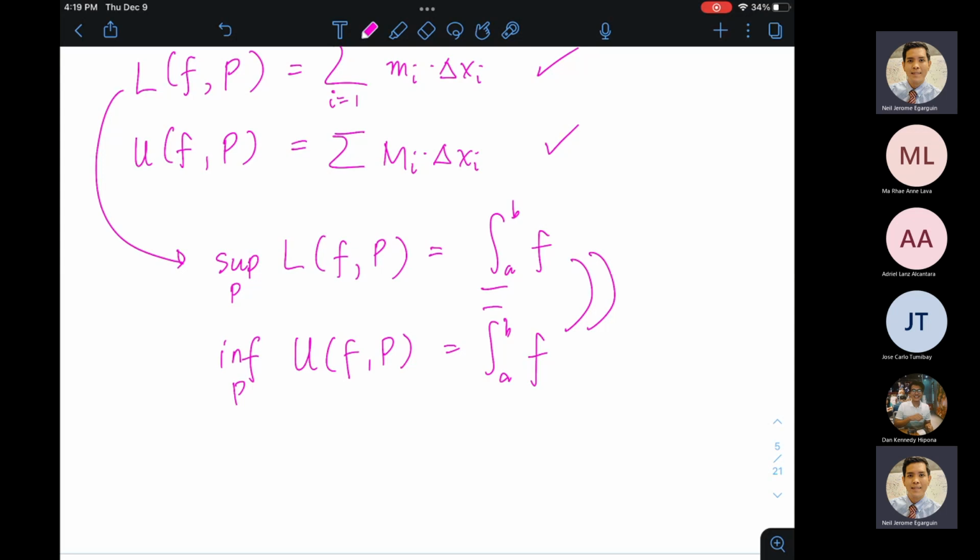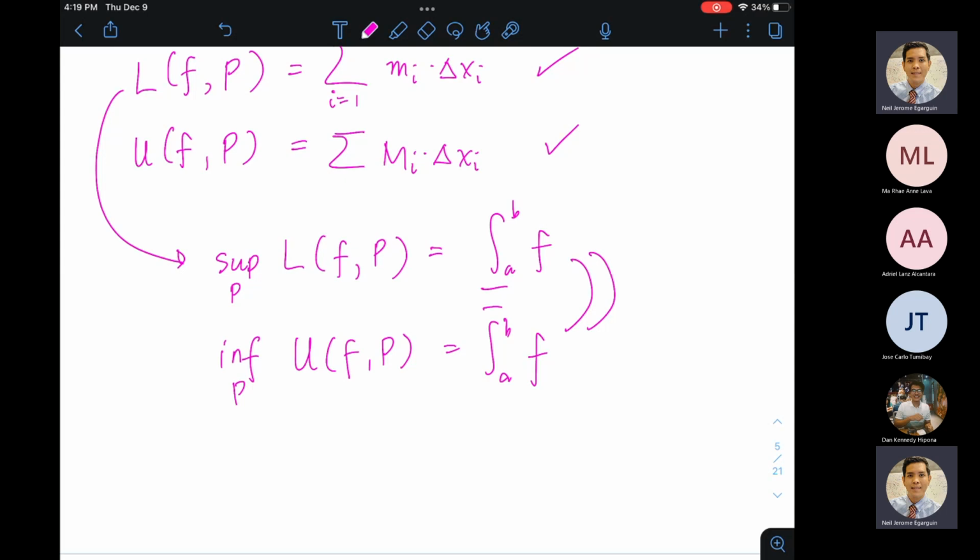That is a lot of work, all right? Pag binigyan nga tayo ng isang function, ang hirap ng isang sequence, ang hirap hanapin ng supremum at infimum nila. What more, if we will consider getting all the possible partition inducers, which is actually, I don't think it is a countable set. So napakarami ng mga posibleng partition inducers. All right?